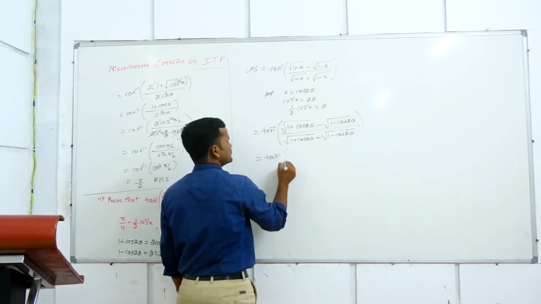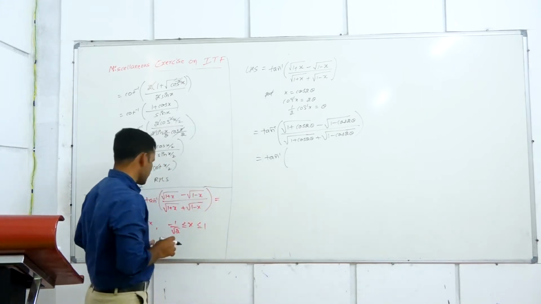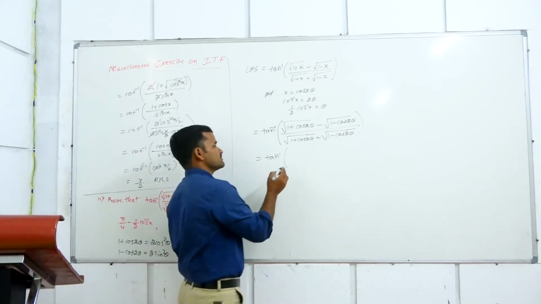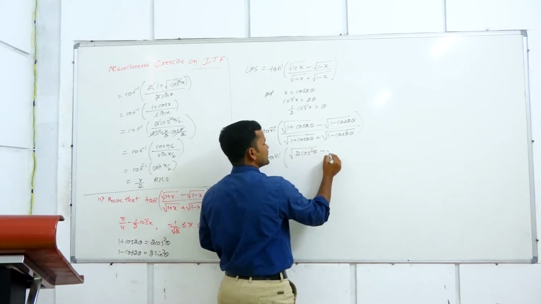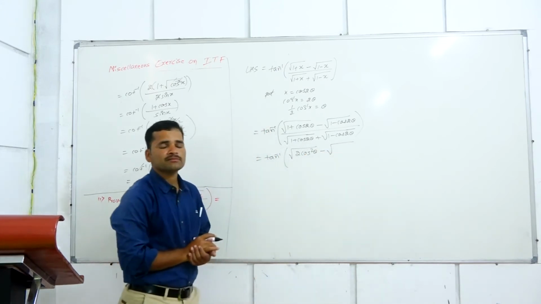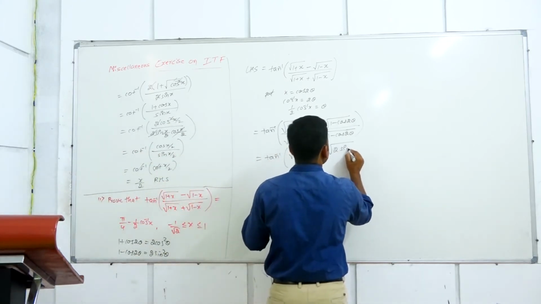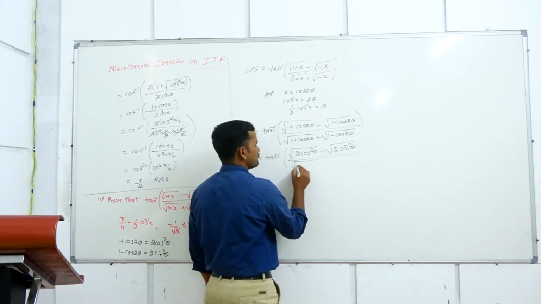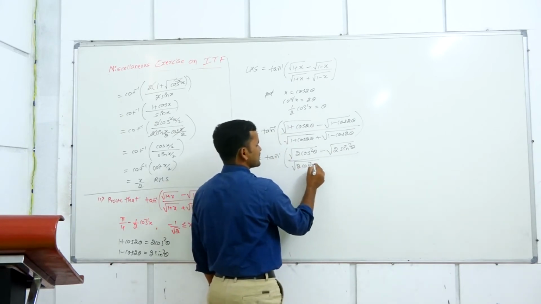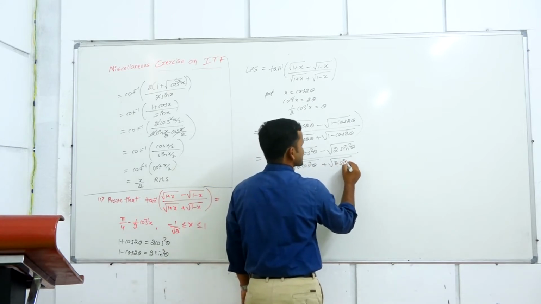Tan inverse of 1 plus cos 2 theta, I just wrote the formula, it is 2 times cos square theta. Square root of 2 times cos square theta minus square root of 1 minus cos 2 theta, the formula is 2 times sin square theta, divided by square root of 2 times cos square theta again plus square root of 2 times sin square theta.